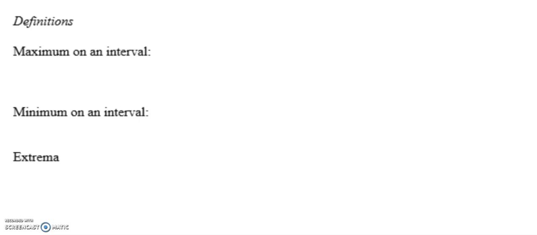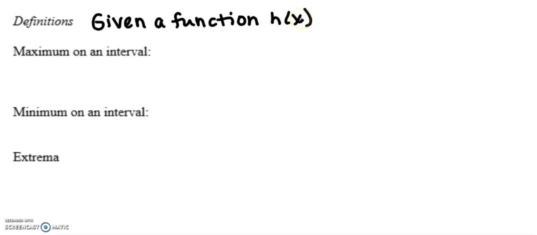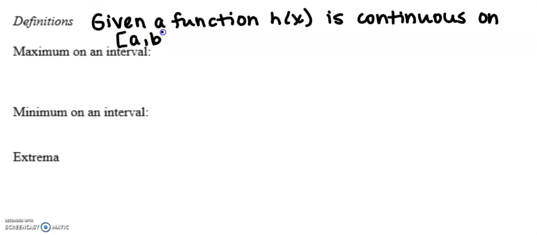So, by definition, we're going to start both these definitions for a maximum and a minimum by saying that we are given a function h, well, h of x, where x is our input, is continuous. So remember, it completes all three pillars, you can draw it without picking up your pencil, on some interval from a to b, and c is an element of a to b.